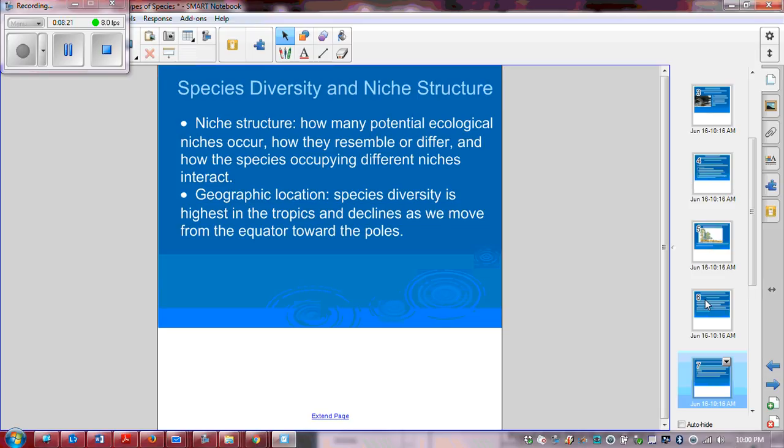All those things enter into niche structure. And so there's a lot of overlap in the niche structure of different organisms, and how they share those resources is going to determine your species diversity. So we also look at the geographic location, and we just talked about this one a moment ago.